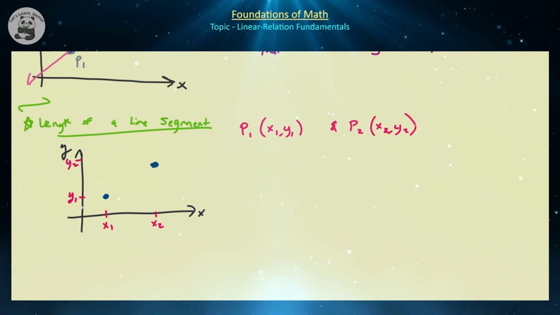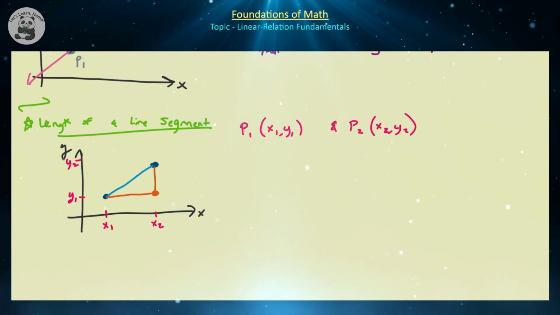And I could ask, what is the shortest distance between these 2 points, P1 and P2? So I'm going to draw a horizontal line from x1 to x2, along the line y equal to y1, put a point there, and draw a vertical line here.